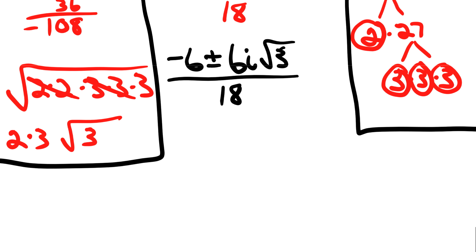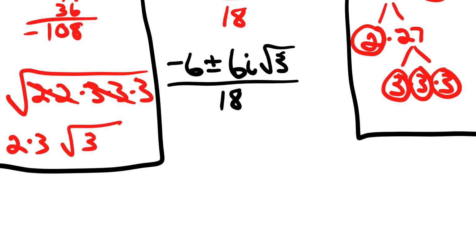Okay. I can factor out a 6 here. I could factor out the negative if I wanted to, or I could rewrite it to be negative 6 over 18 and simplify it. But let's see, how about just taking the 6 out?